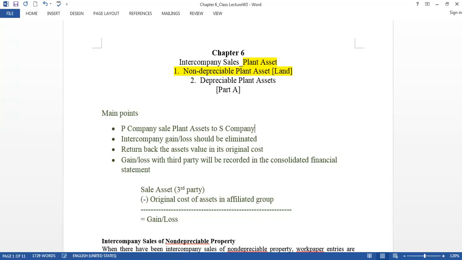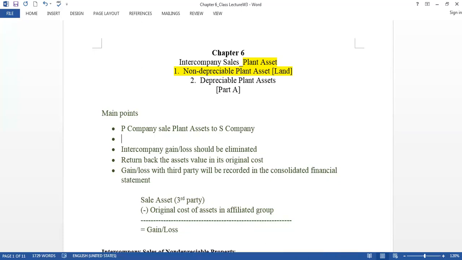This is one part. In another way, S company sells a plant asset to P company.